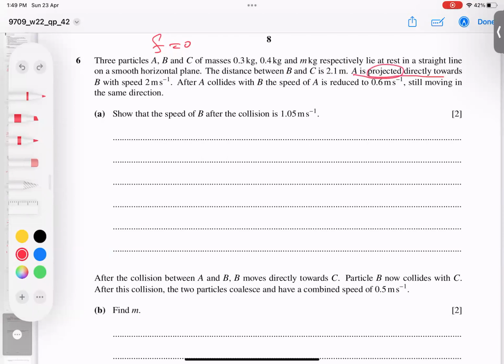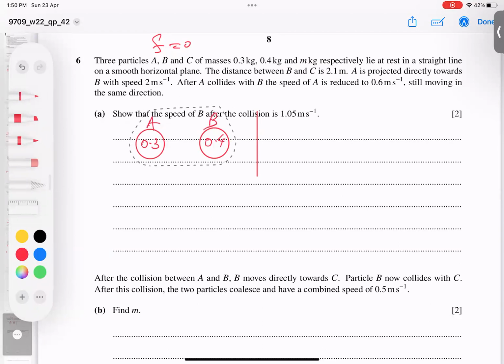A is projected towards B with a speed of 2. After A collides with B, its speed reduces. So it means there are two ideas, before collision and after collision. Mass here is 0.3 kilograms and here 0.4 kilograms. This is particle A, this is particle B.